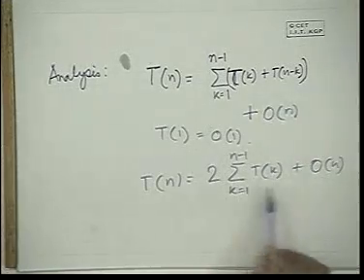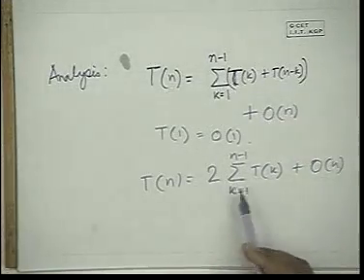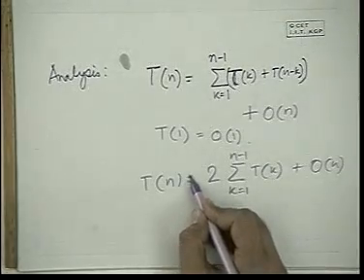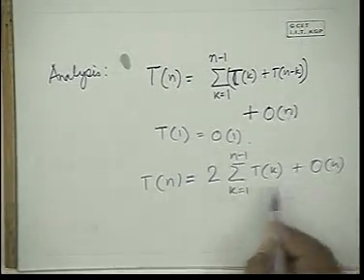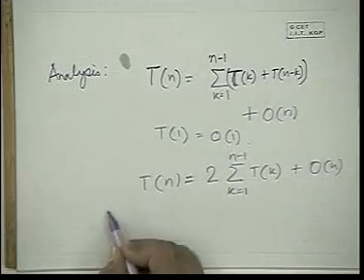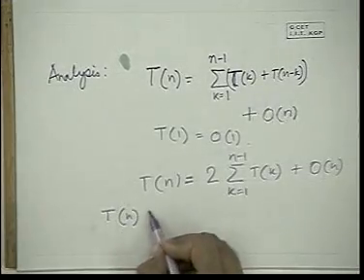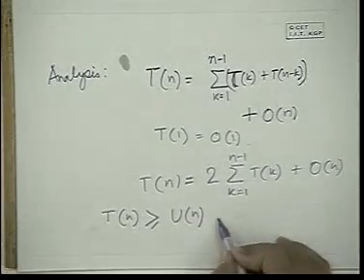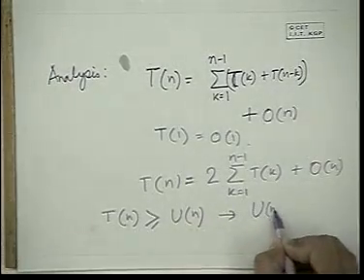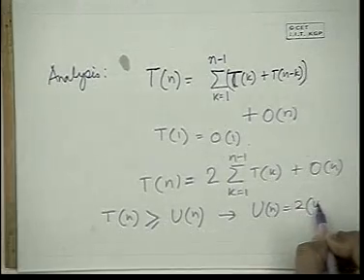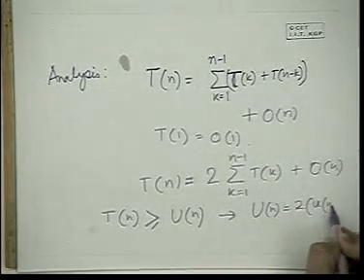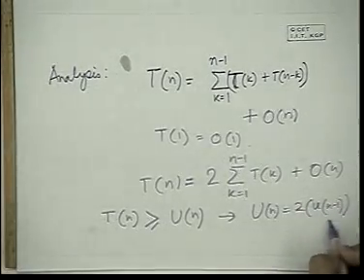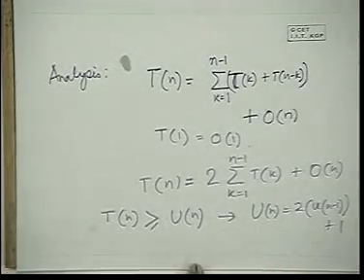Try to solve it, but let us just have an estimate of how bad it is. I can always say that T(n) is greater than or equal to U(n), where U(n) I define as 2 U(n minus 1) plus 1. Can I say that?